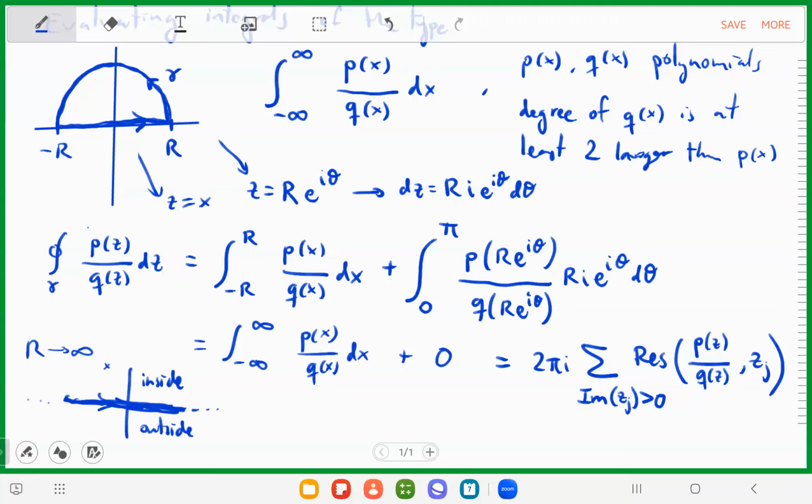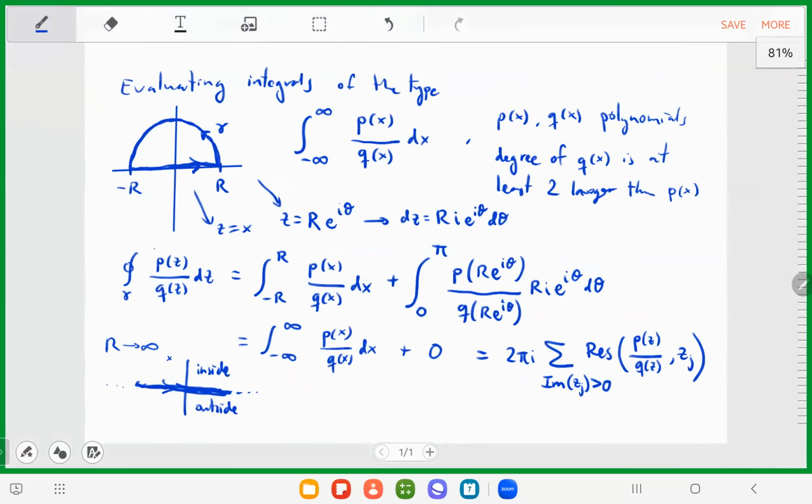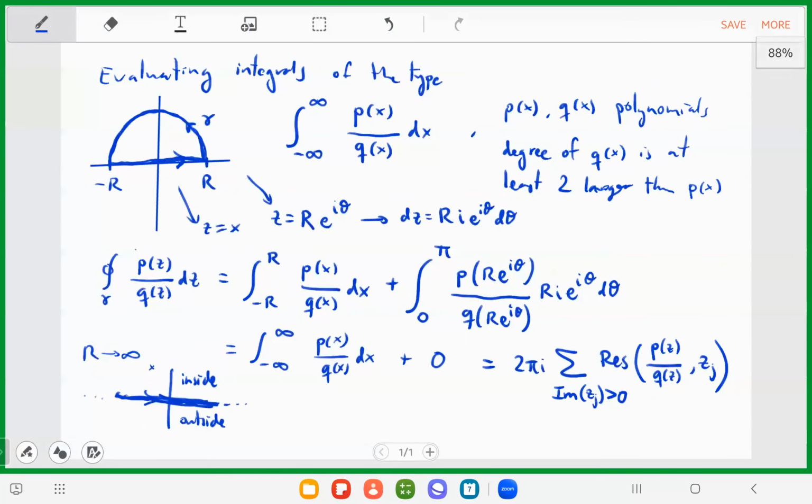It's important you remember that the function you want to integrate is the two terms, p divided by q. Okay, let's see a very easy example. Do you have any questions? No, not yet. Okay, thank you.